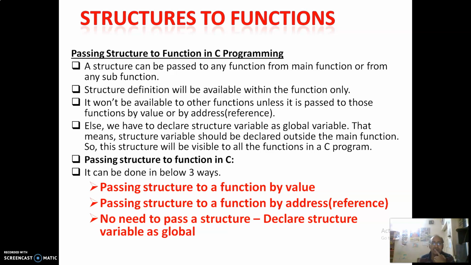Else, we have to declare structure variables as global variables. That means the structure variable should be declared outside the main function. So this structure will be visible to all the functions in the program.